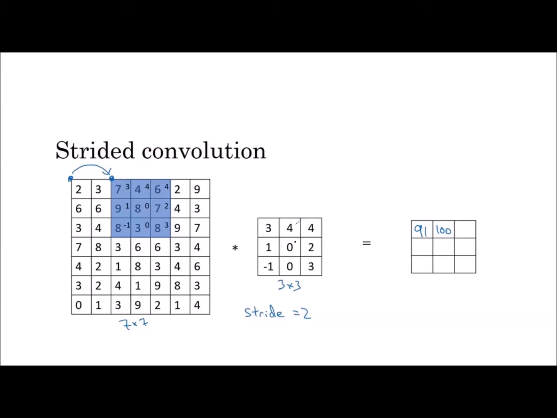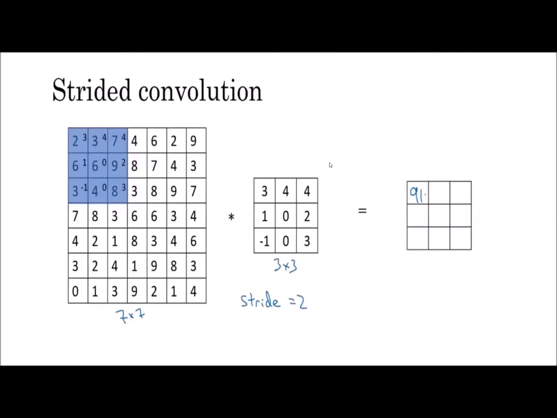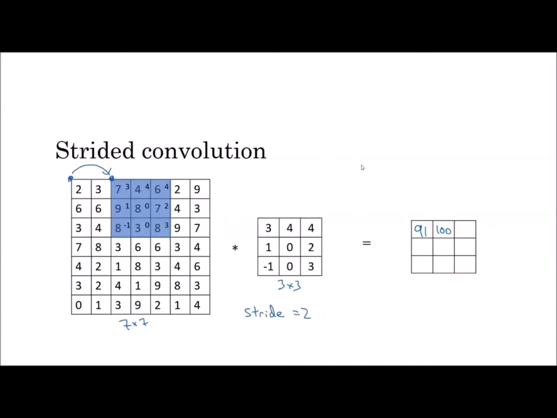Now, the filter is applied to this particular image patch. So stride is 2. I am showing it at a glance. First, we apply the filter to this patch, and then immediately shift by 2 pixels, so it is stride 2.